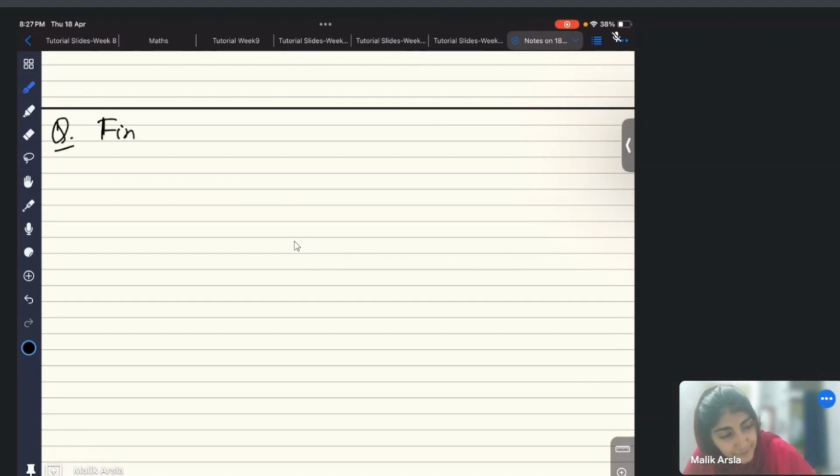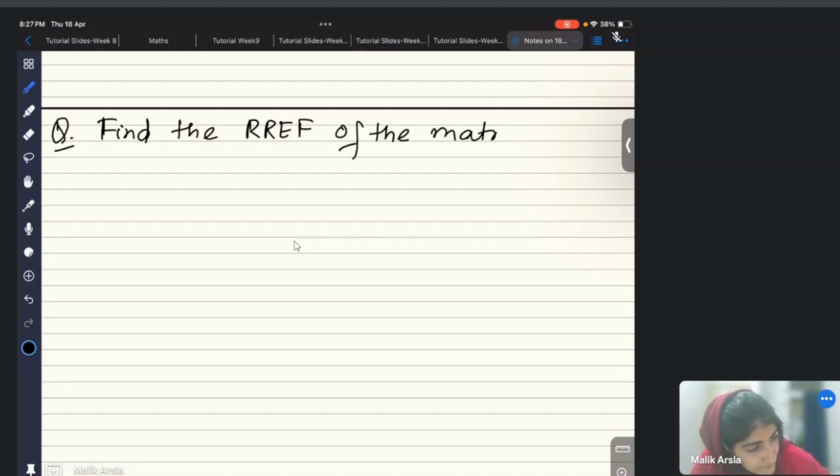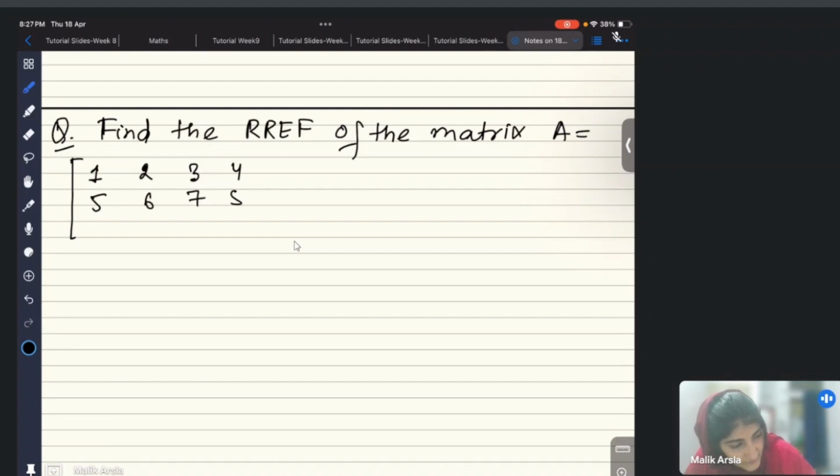Find the RREF of the matrix A, which is given as 1, 2, 3, 4, 5, 6, 7, 8, 9, 10, 5, 6. Okay, so this is the matrix A.